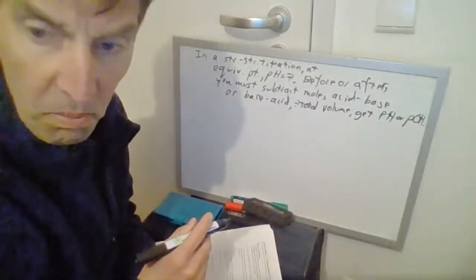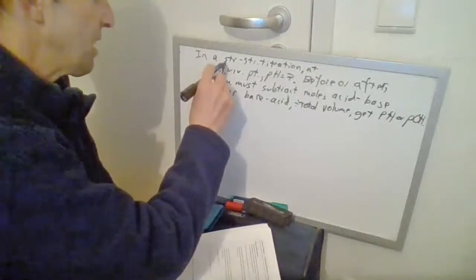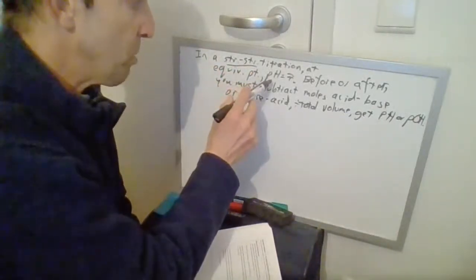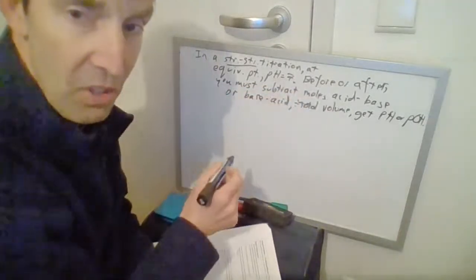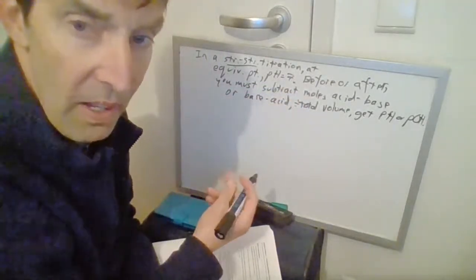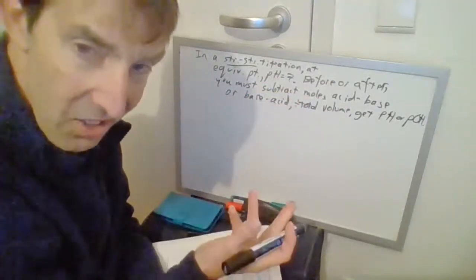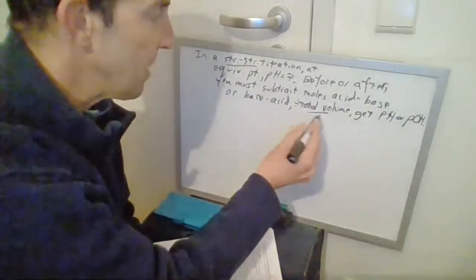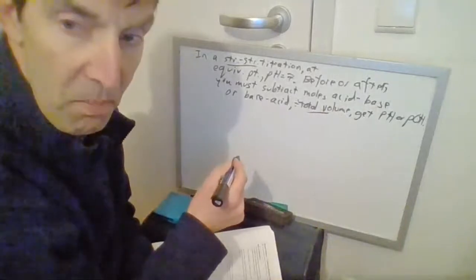So that's the scoop, okay? That's a strong-strong. It's relatively simple. So at the equivalence point, pH is 7. If not, you've got to subtract and see who's left over. Is there more strong acid left over, or more strong base left over? Divide by the total volume, and then get the pH or pOH.